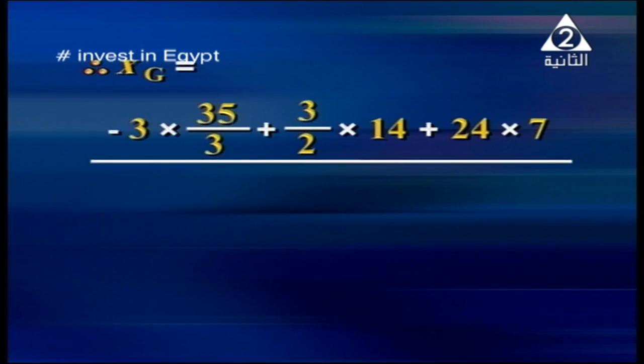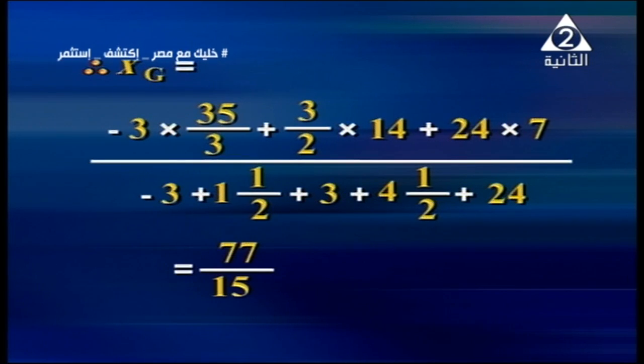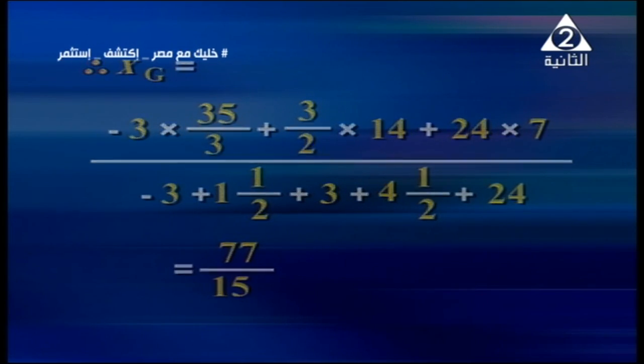Find the center of gravity by using xg equals negative 3 times 35 over 3 plus 3 over 2 times 14 plus 24 times 7, over the sum of all masses: negative 3 plus 1.5 plus 3 plus 4.5 plus 24. The answer is 77 over 15.